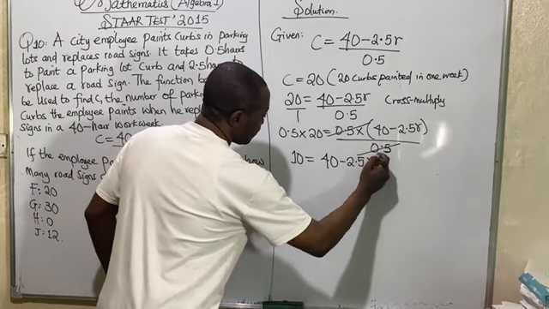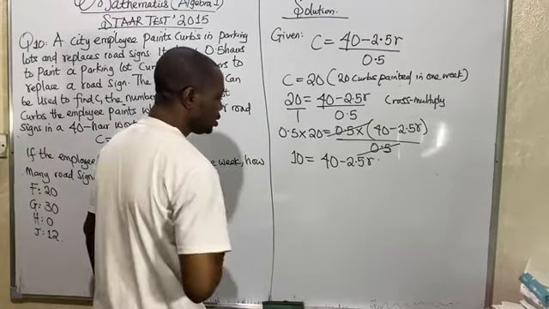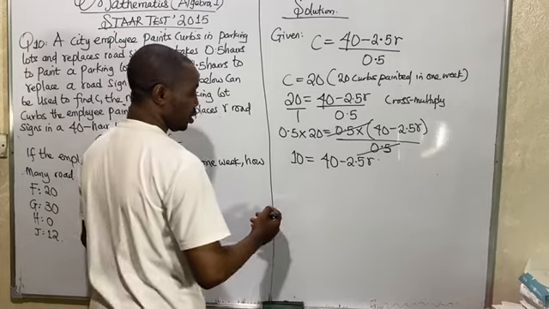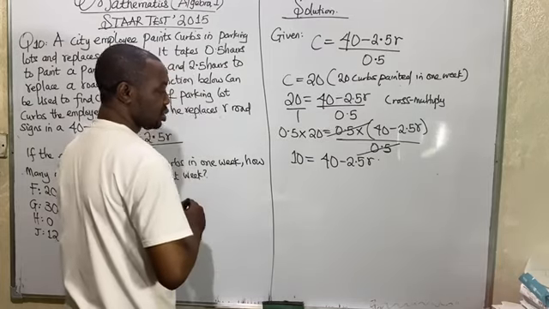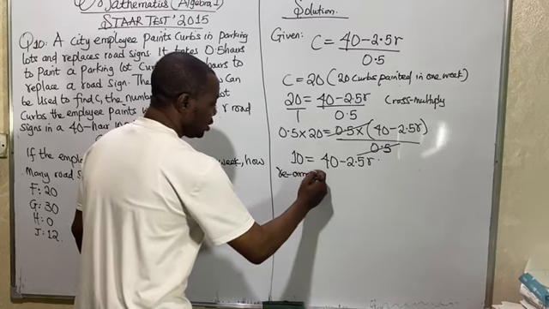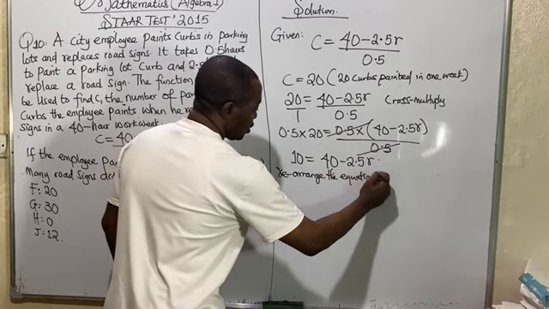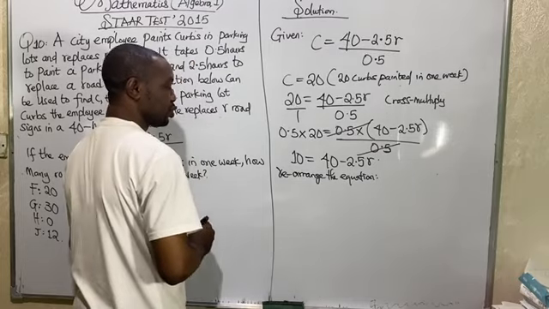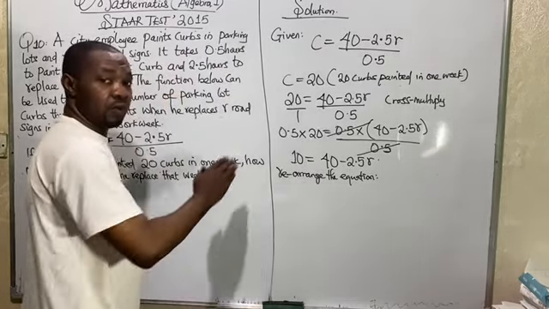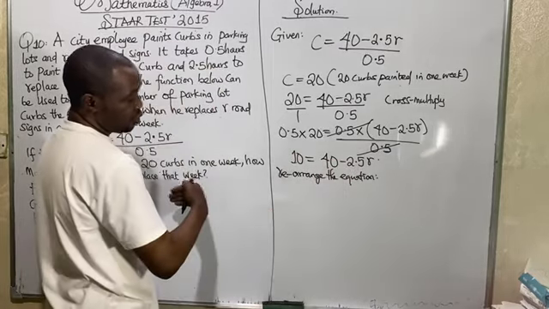Now let's rearrange the equation so that we can solve for the value of R. I'm going to move the 10 over to the other side and move the negative 2.5R over to the left hand side.